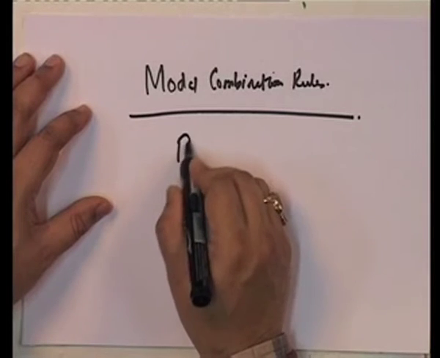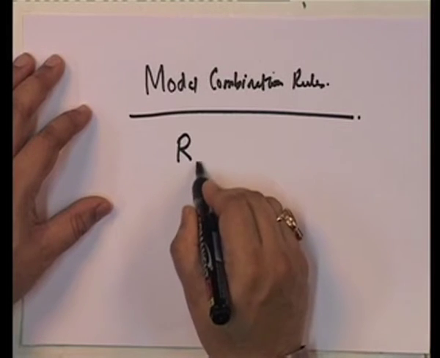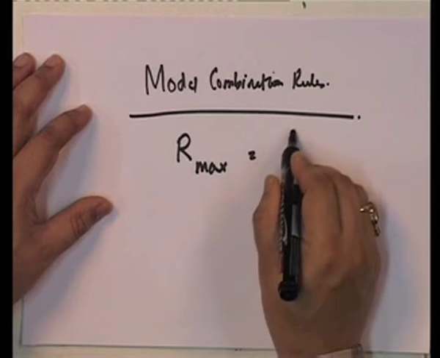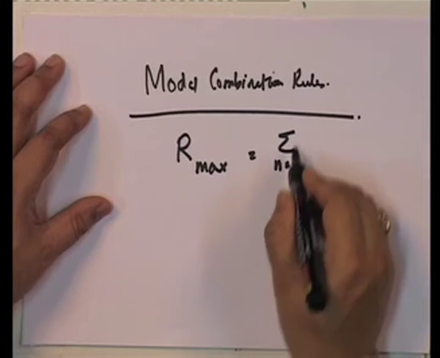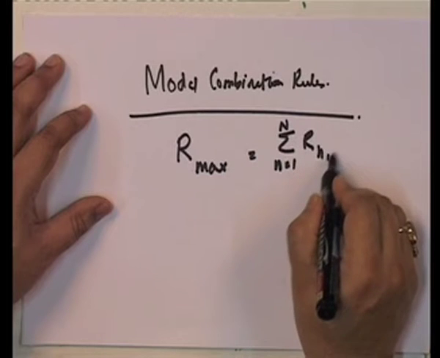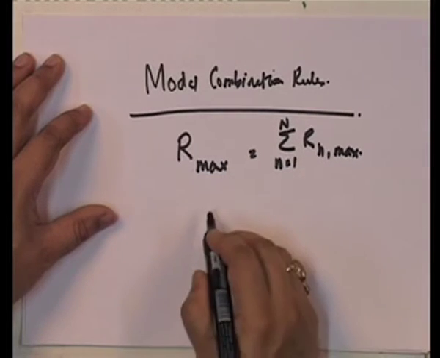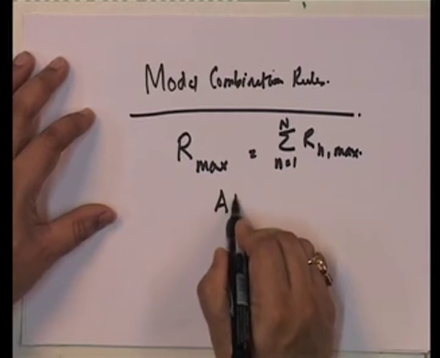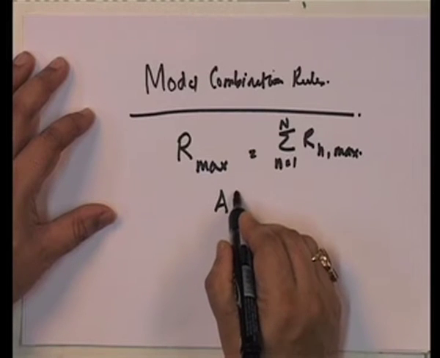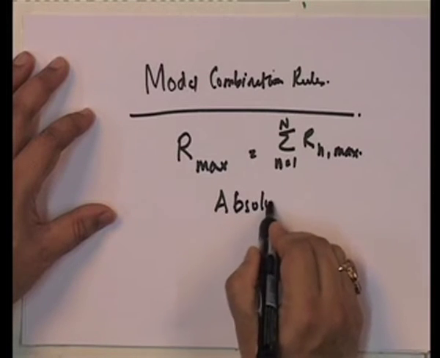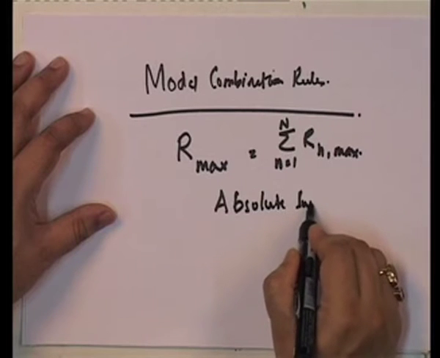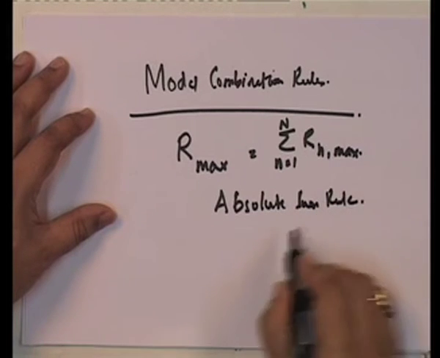The one that I showed you, which was R max equal to the summation of R_n max, is known as the absolute sum rule.